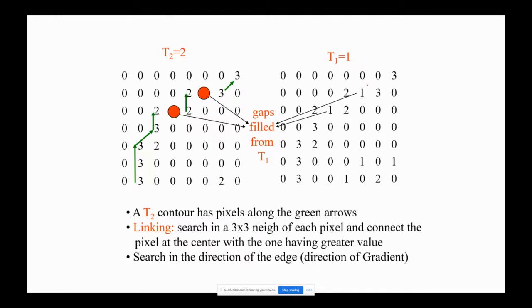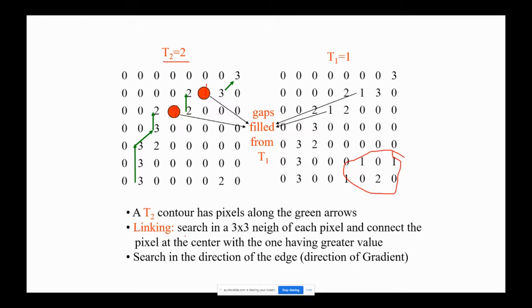But on T1, we're going to have some spurious edges here. But I don't care about the spurious edges. I just care about the values that are in this path given by T2. Well, there are pixels in this path on T1, so I just fill them. I just get this one and get a 1 here. There's another one, I get a 1 here.